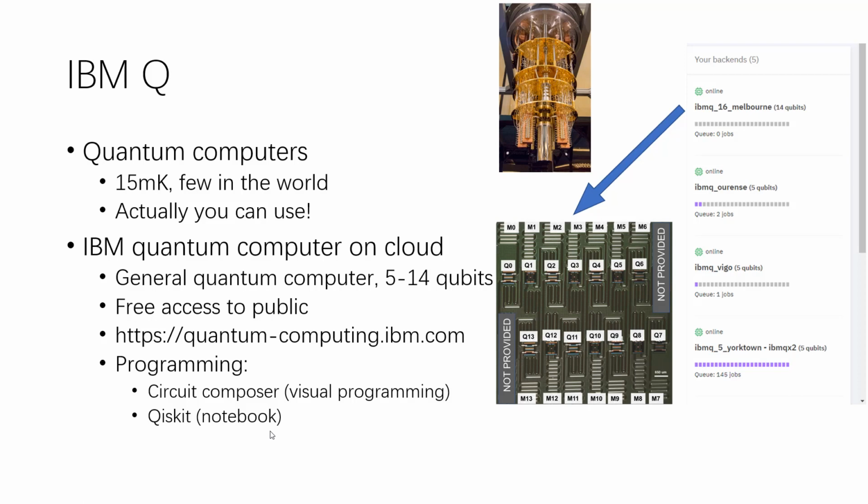So I guess if you are a quantum scientist, you are in this quantum computation field, you may be more used to this circuit composer, because usually the quantum algorithms are written in the language of this circuit. But if you are some guy from the open source community, some programming, maybe you would like to learn this Qiskit. But I think this circuit composer is anyhow a good way to start.